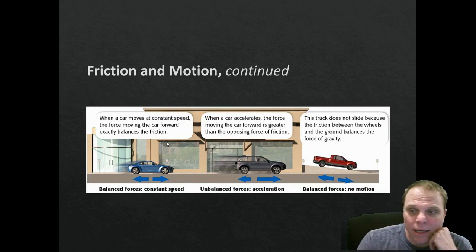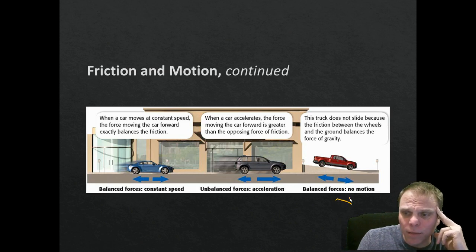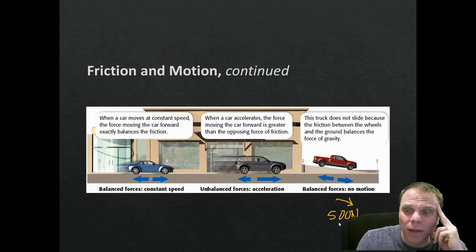It's important to realize that you actually do have forces that are pulling on you. Like in this truck's example, there is a force that is trying to pull you down the hill. And, let's say I have 500 newtons of force pulling me down the hill. Well, what's keeping me on the hill from going down?